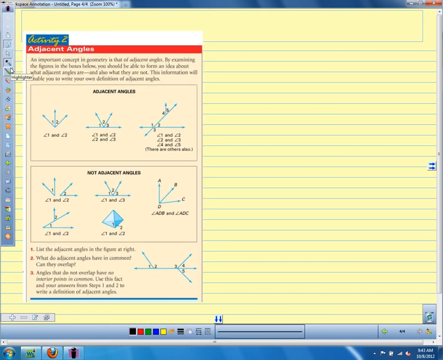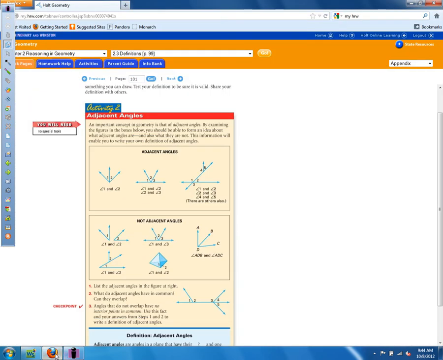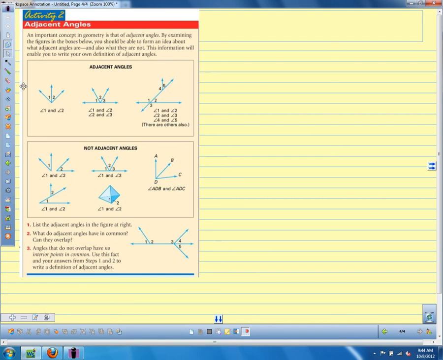We're going to look at this diagram for adjacent angles and figure out what's important about adjacent angles, and come up with a definition for adjacent angles. So here it tells us that angle 1 and angle 2 are adjacent angles. Here it tells us that angle 1 and angle 2 are adjacent, and angle 2 and angle 3 are adjacent. Here angle 1 and 2 are adjacent, angle 2 and 3 are adjacent, and angle 4 and 5 are adjacent.